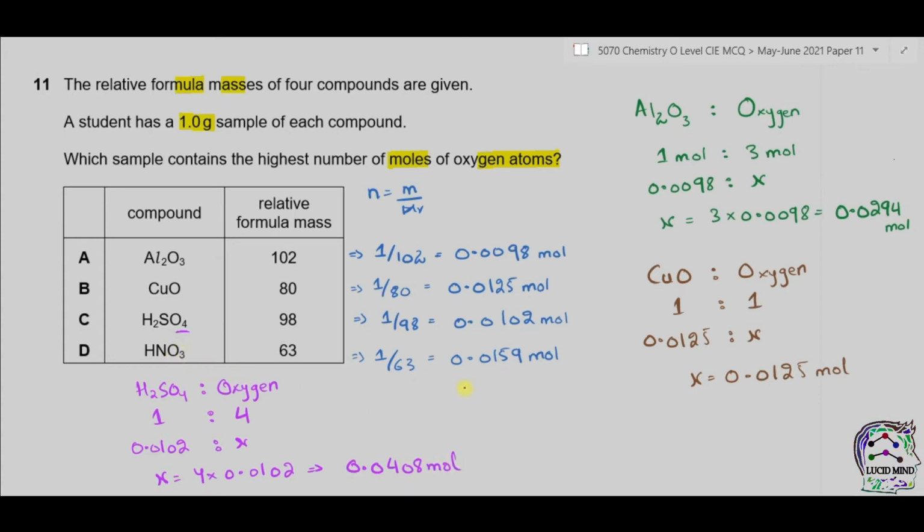Now the last one is nitric acid. One mole of nitric acid has 3 moles of oxygen atoms. So 0.0159 moles would have X moles.